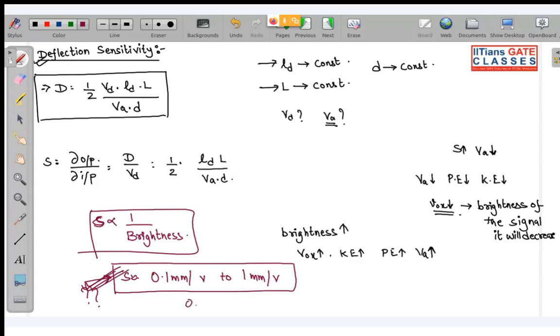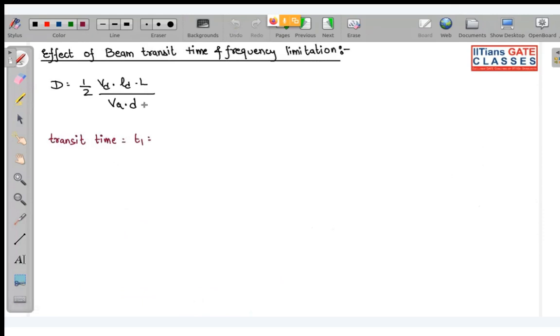Usually you might see sensitivities ranging from 0.1 mm per volt to 1 mm per volt, even 0.5 mm per volt. So transit time is LD by V0x.